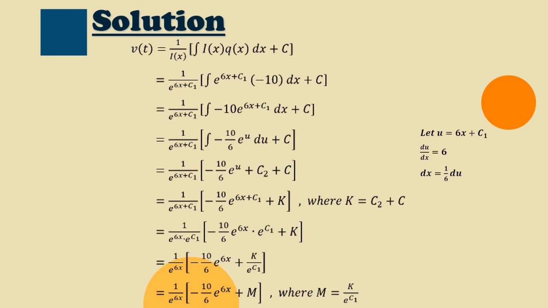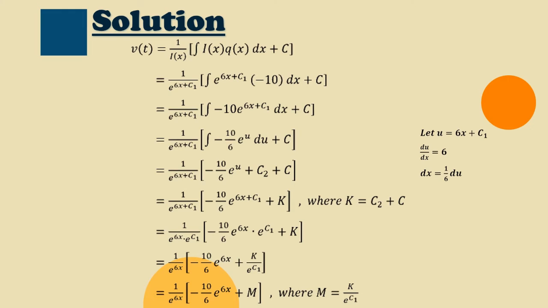Then we simply substitute the values that we have into it, and we get 1 over e to the power of 6x plus c1 times the integration of negative 10 e to the power of 6x plus c1 with respect to dx plus c.